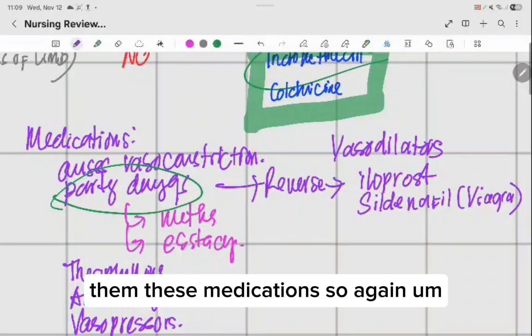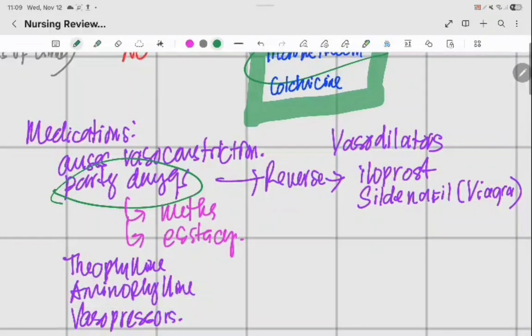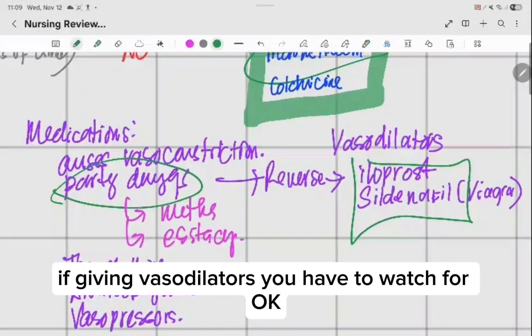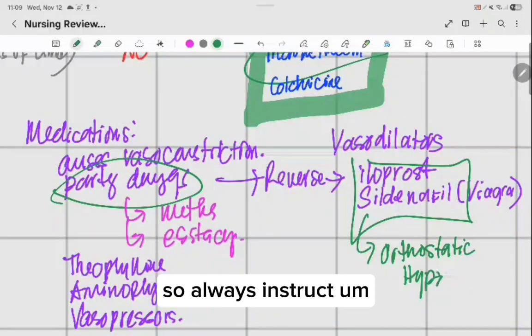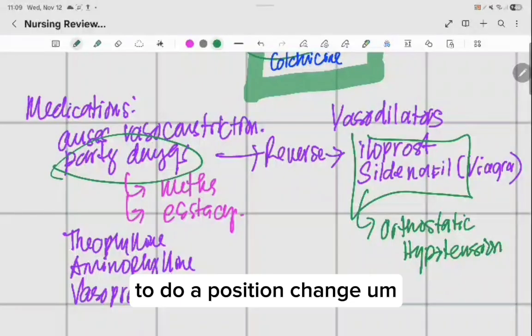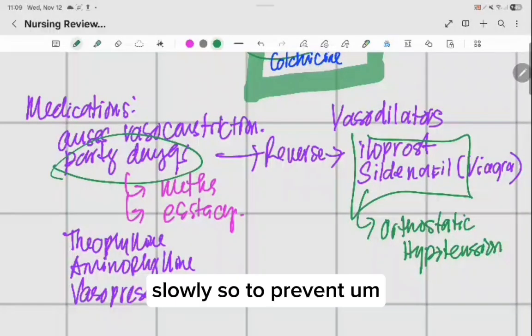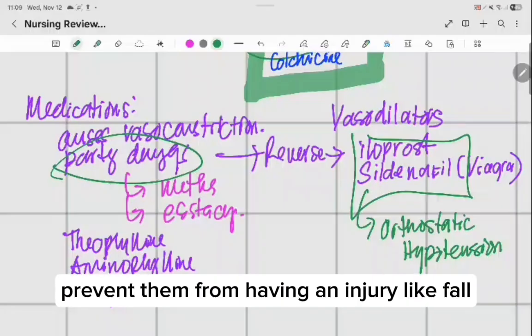So again, if giving vasodilators, you have to watch for orthostatic hypotension. So always instruct them to change position slowly, to prevent orthostatic hypotension and injury like falls.